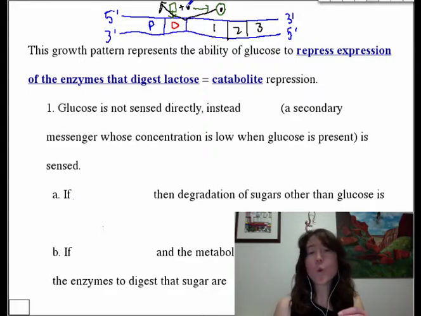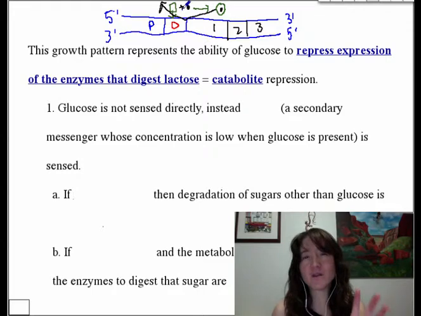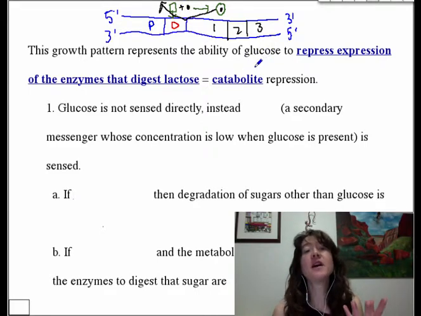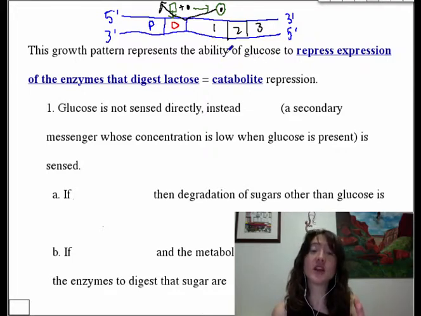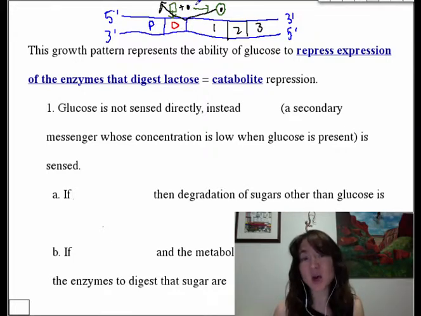So we find ourselves in a little bit of a confusing spot, because if we know that glucose is a repressor of this whole process, that is, glucose is what is partly keeping the lac operon from being expressed, we find ourselves at a confusing point because we know that the operator is already controlled by the presence of lactose.